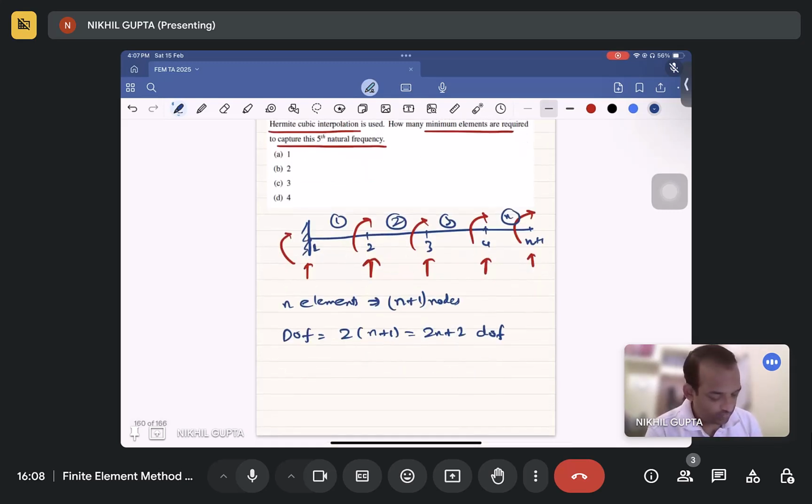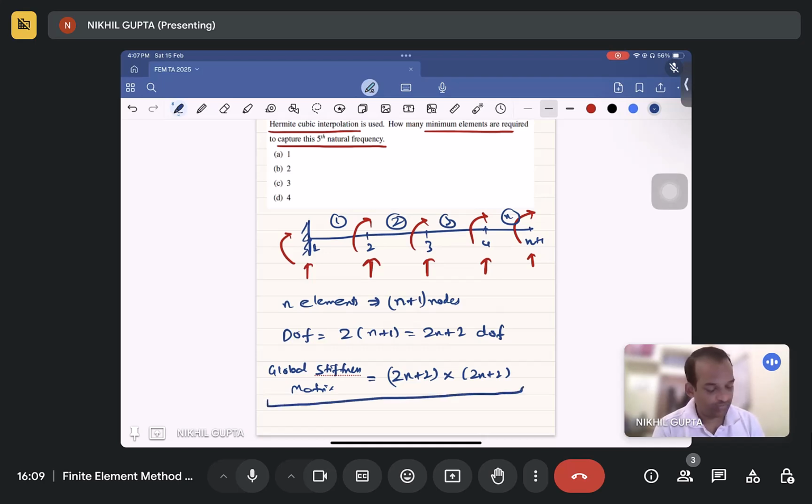Now, when you form a global stiffness matrix, you will get the dimension as 2n plus 2 cross 2n plus 2. Is it fine? Okay, so for solving this, we know that when we write a global stiffness matrix, it is singular, so you can't find the solution right away. You have to reduce this stiffness matrix to get the solution.